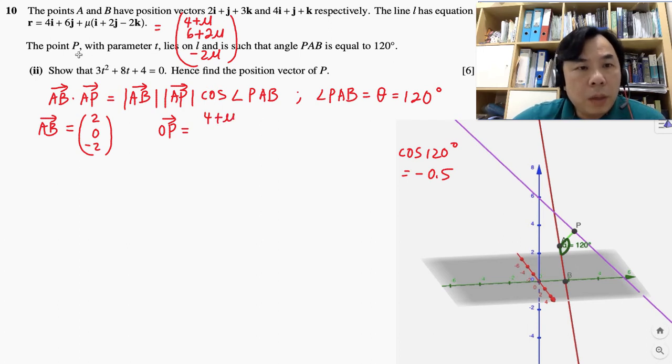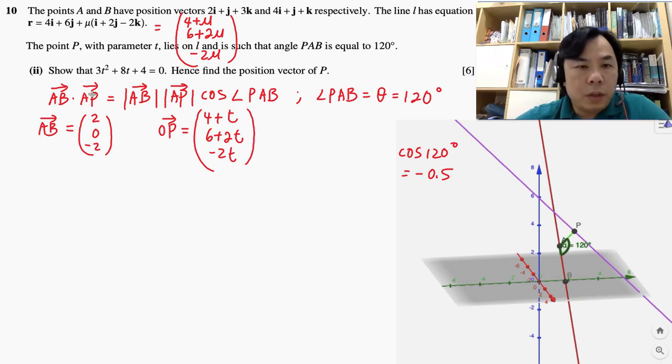But since the point P comes with the parameter t, instead of using mu here, I should be using t. So that will be 4 plus t, and then I have 6 plus 2t, and finally I have negative 2t here.